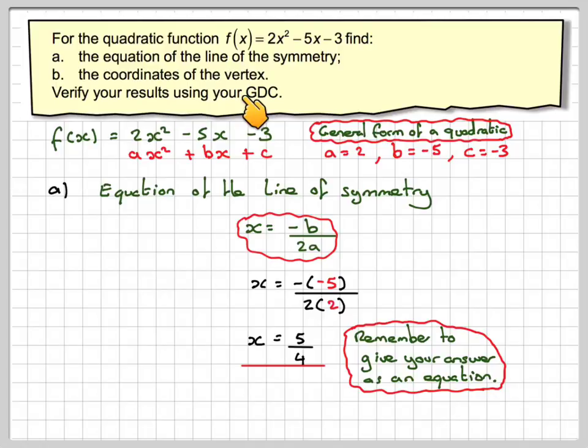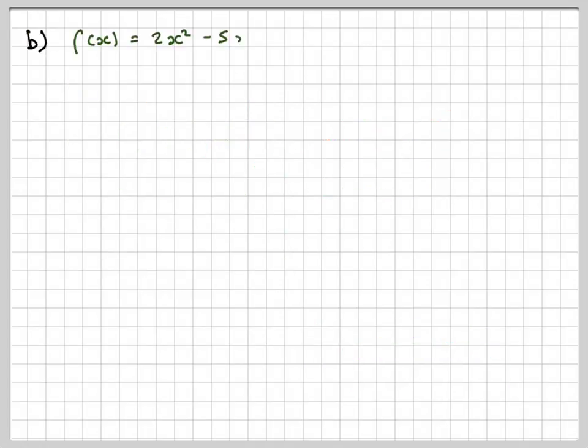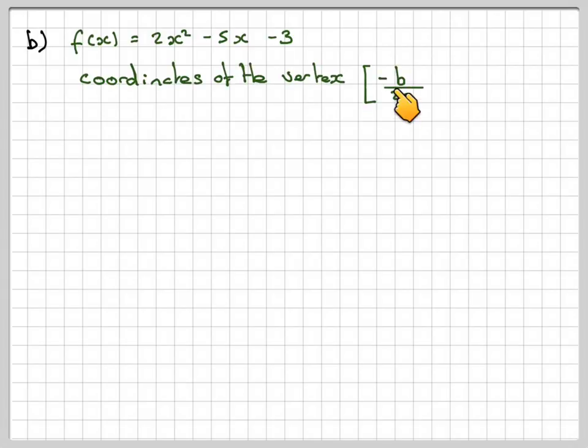Now we need to find the coordinates of the vertex. So writing down our function again, f of x is 2x squared minus 5x minus 3. The coordinates of the vertex are going to be the x coordinate of the line of symmetry, which is minus b over 2a, which we just calculated to be 5 over 4.